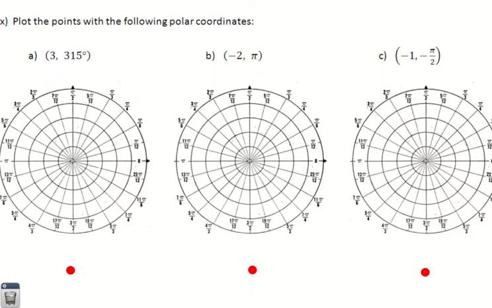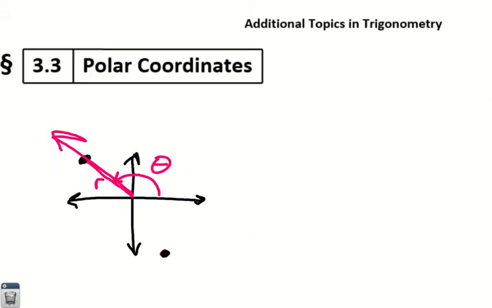So essentially, gang, that's what polar coordinates is going to be. We have an r coordinate and a theta coordinate. So r comma theta instead of x comma y.